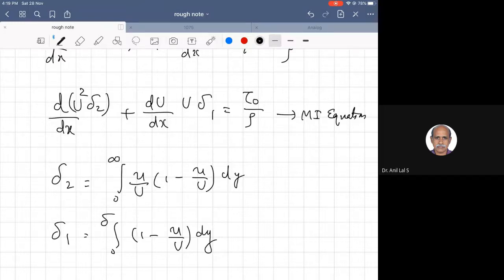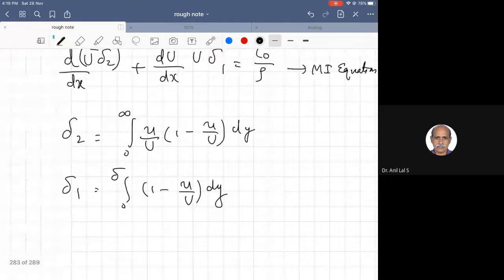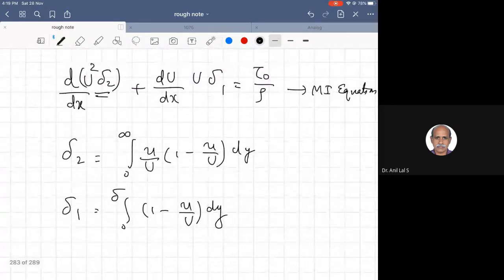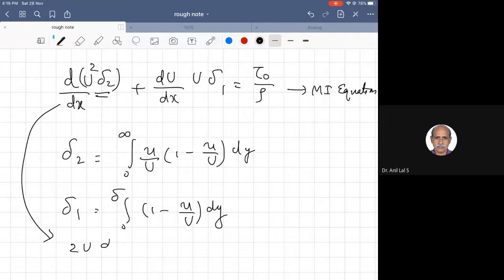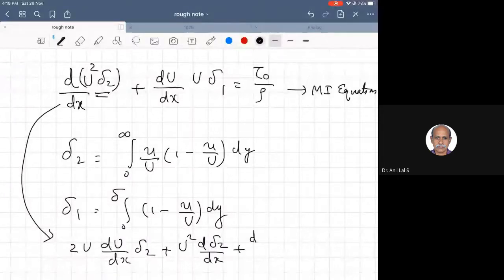In another form also it can be written, in some different form. The product of these two can be differentiated, and that way we can write this again, simplified as 2U dU by dx delta 2, plus U squared d delta 2 by dx, plus dU by dx U delta 1.